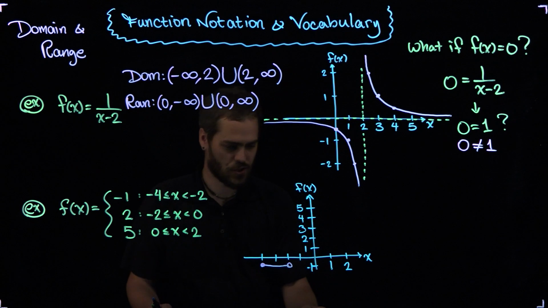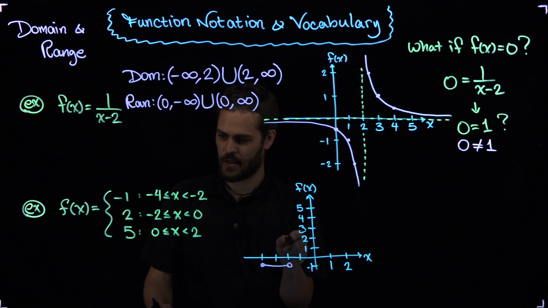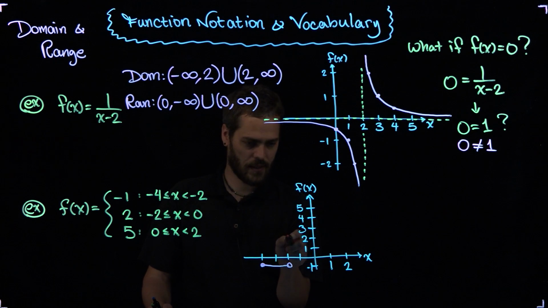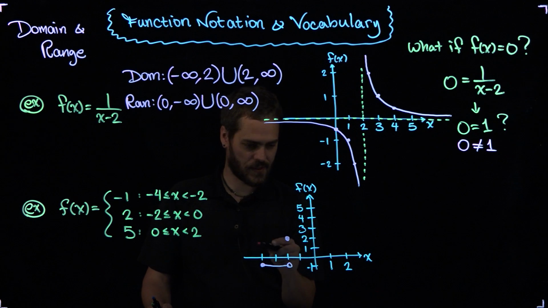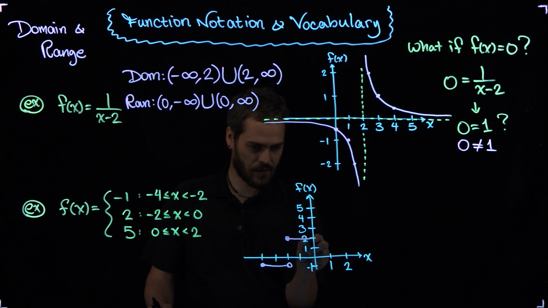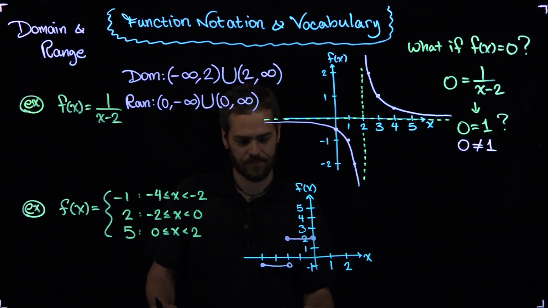F of x equals 2 is here, and I'm starting at -2. So I'm going to put a solid dot there. And that's valid all the way till x equals 0, but not including 0. So I put an open circle here at x equals 0.